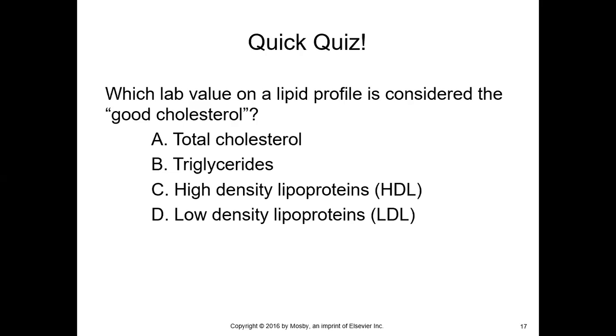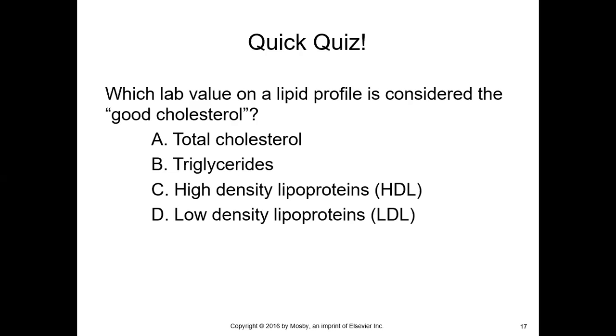And so what it does is it helps to pull some of the triglycerides and low density lipoproteins out of the body before they're absorbed into the bloodstream. It also helps when it gets into the bloodstream to get some of those not so good cholesterol and take it to the liver to be broken down instead of it continuing to circulate in the blood system. So we want our HDL to be higher rather than lower.